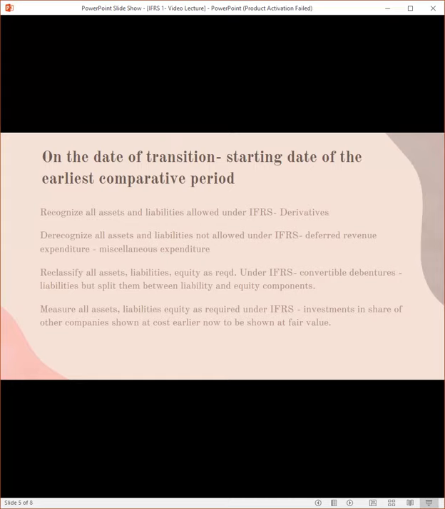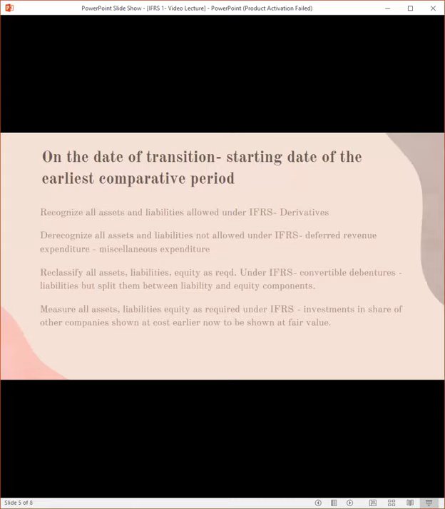Then the last one is measure all assets, liabilities, and equity as under IFRS. For example, investments in share of other companies were earlier shown at cost, but now it needs to be shown at fair value. Now, these are all just examples for you to understand what is meant by recognition, derecognition, reclassification, and measurement. About each item, we will be learning in the forthcoming standard.